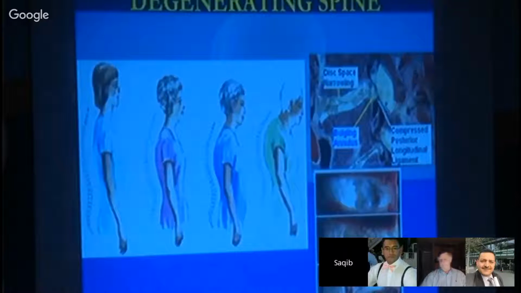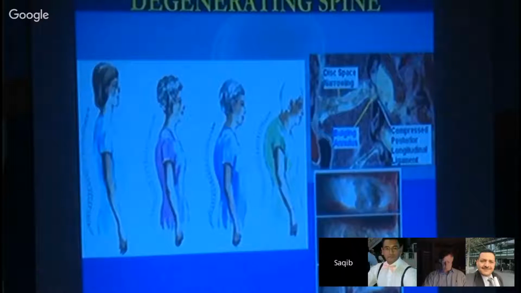And this is what happens when the degenerative process goes on. With the dehydration, your disc will collapse, and then this will cause more work and more weight bearing for the posterior column, and then the posterior column elements will hypertrophy, and then you'll see narrowing of the intervertebral foramina.